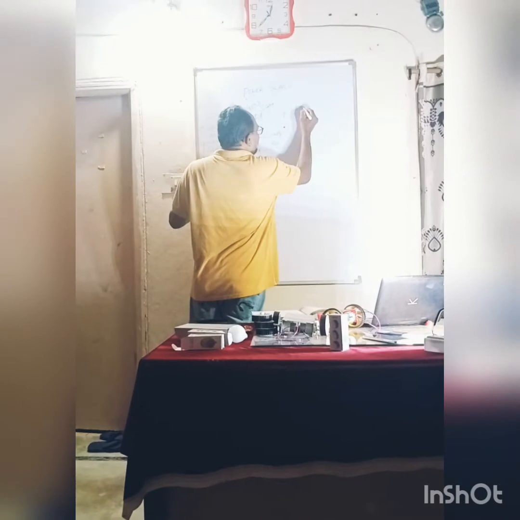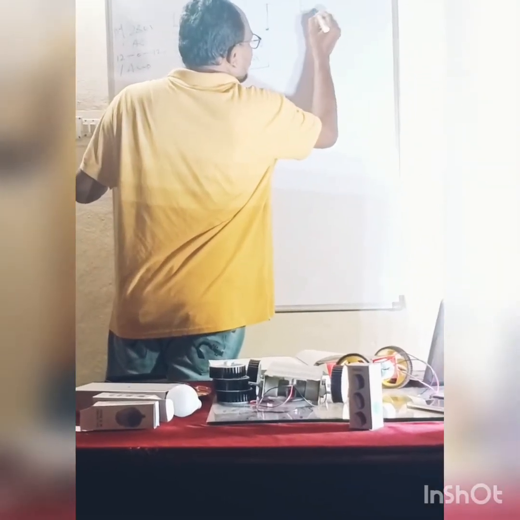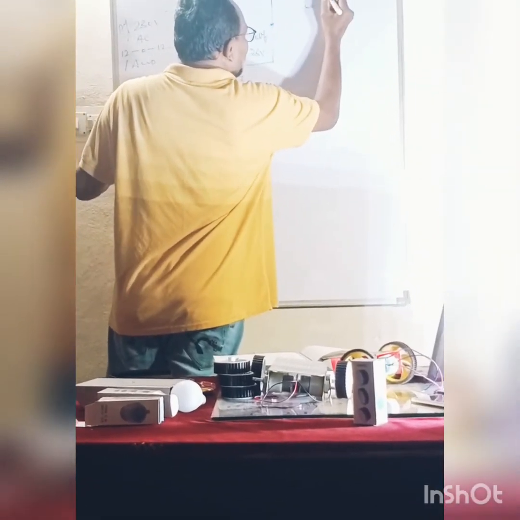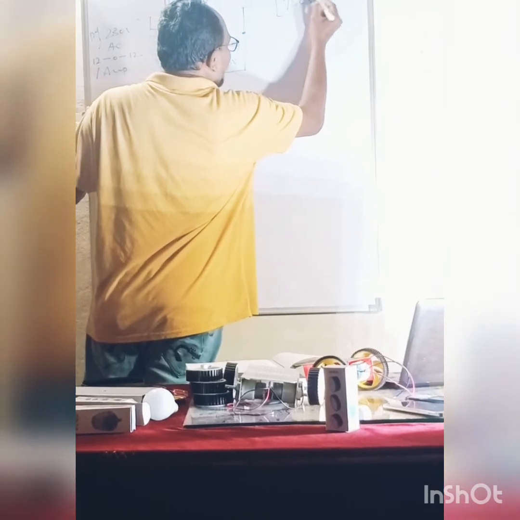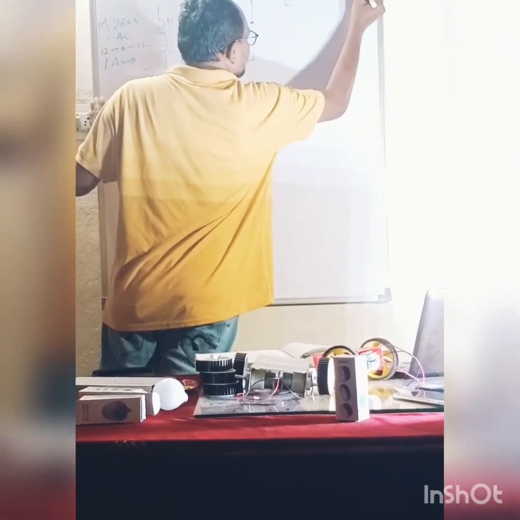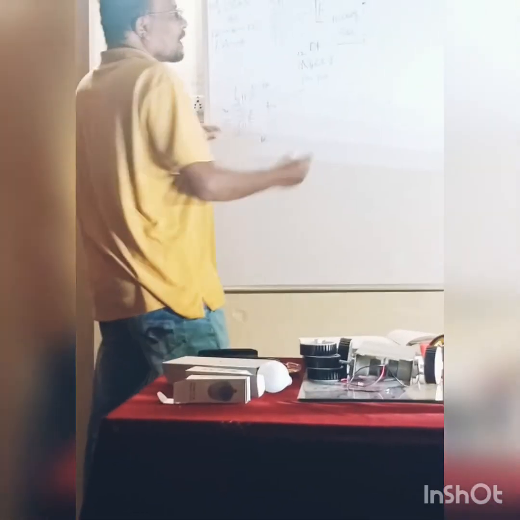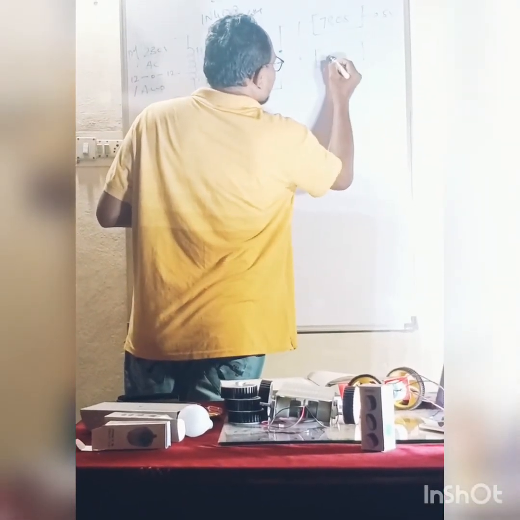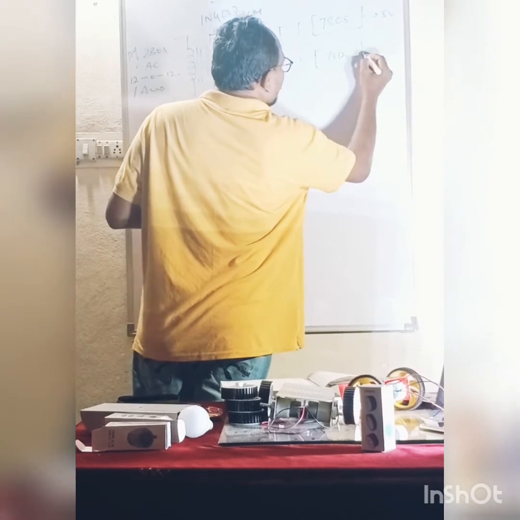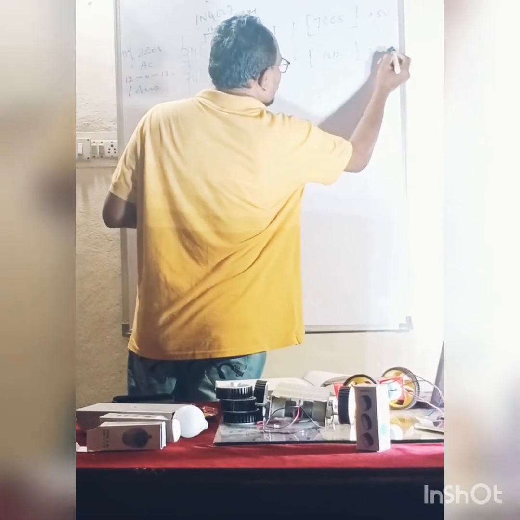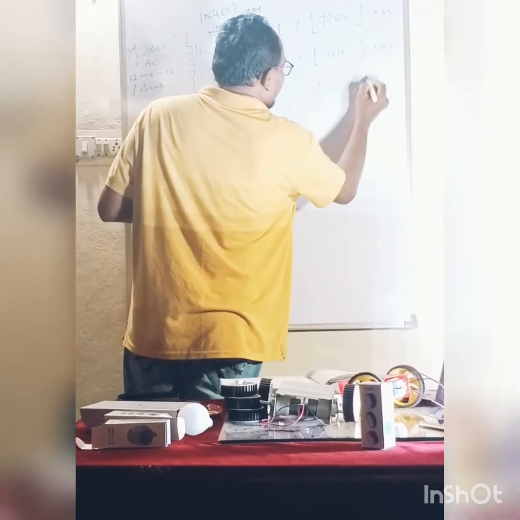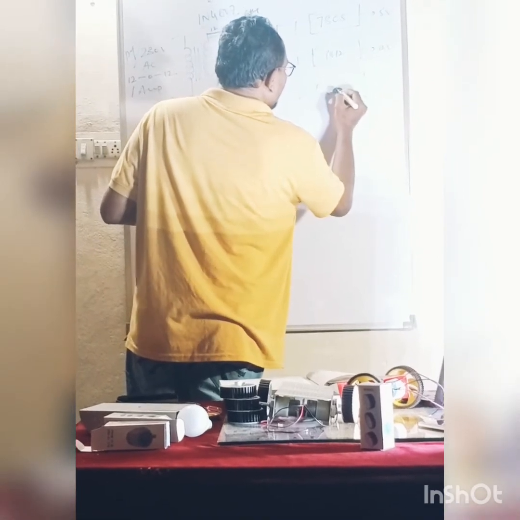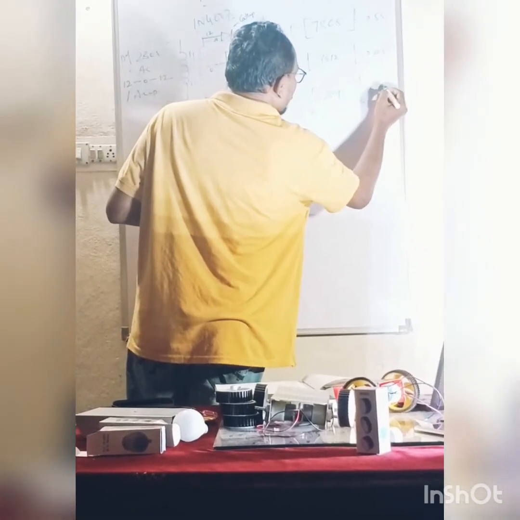Now the regulator part. We are using a voltage regulator numbered 7805 for 5 volts. If you want 12 volts, we can add 7812. If you want 9 volts, you can connect 7809 and you will be getting 9 volts.